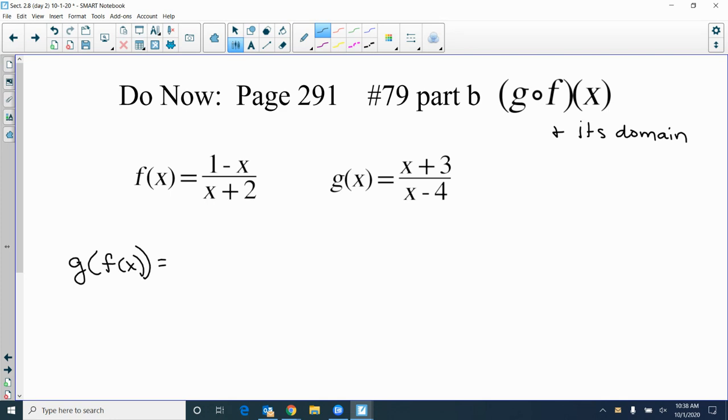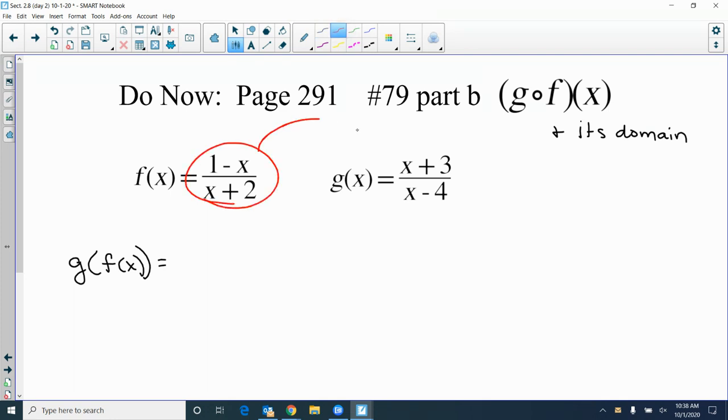All right, Emily, is any of this making sense? So what do you think g of f of x is? I hate to put you on the spot, but I will. What do you think? You plug in 1 minus x over x plus 2 and every spot is an x. Yes, very good.